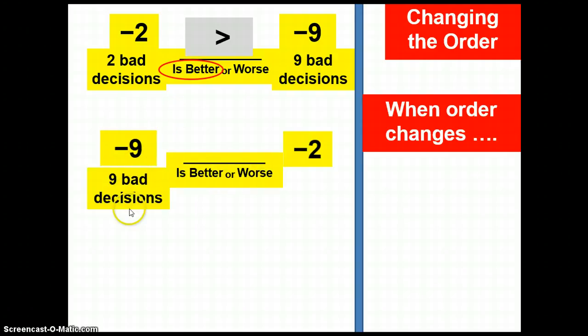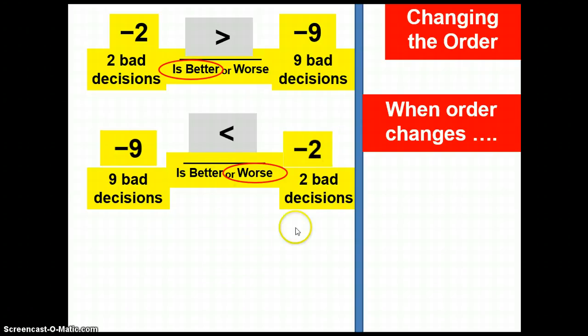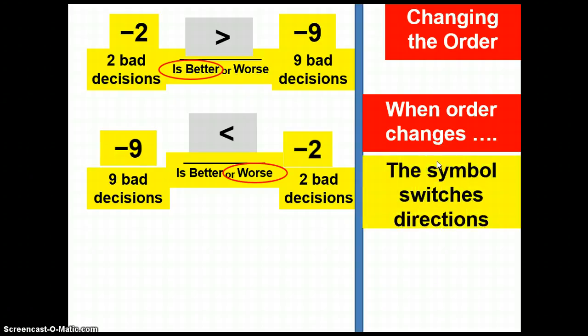Are 9 bad decisions still better or worse than 2 bad decisions? Well, 9 bad things are way worse than 2 bad things. So again, the point I'm trying to make is that when the order changes, the symbol changes because the relationship does not stay the same.